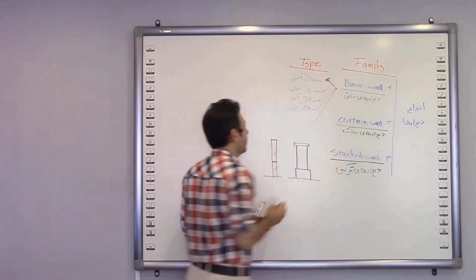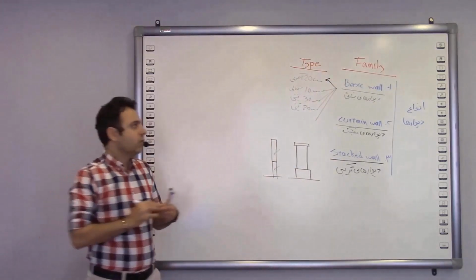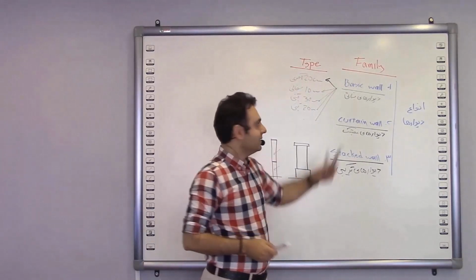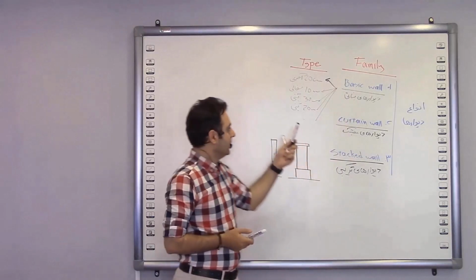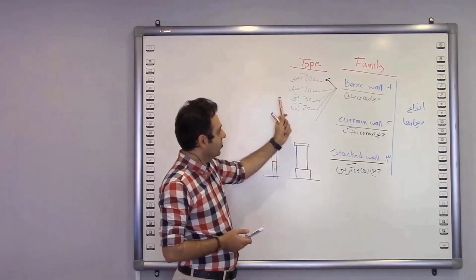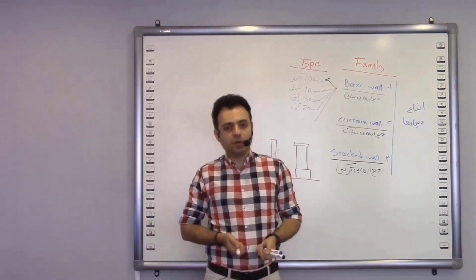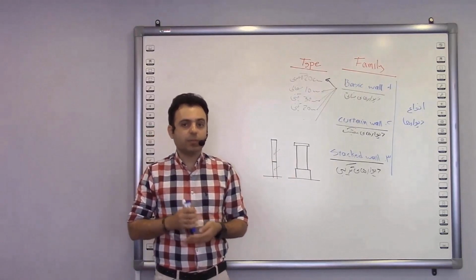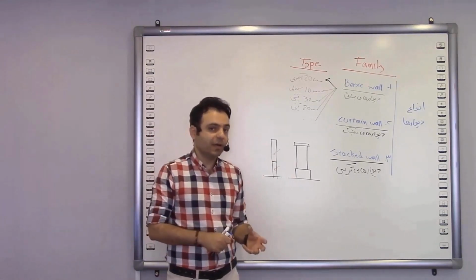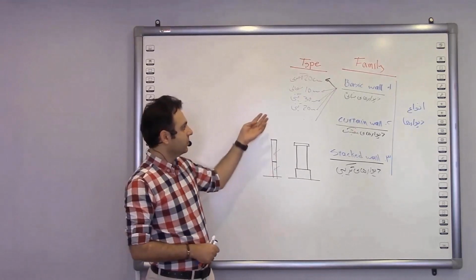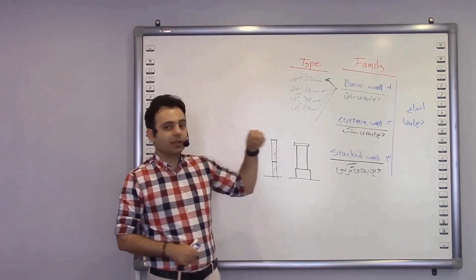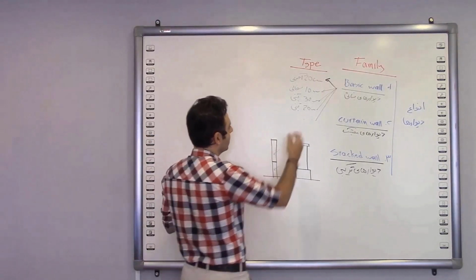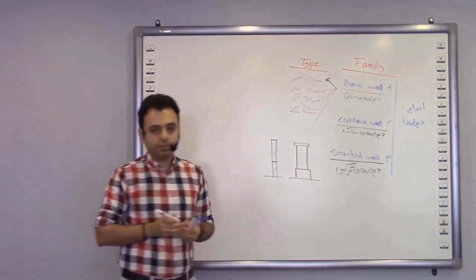So, if you want to introduce a wall, we say that the type of this wall is 20 centimeter brick and it's from the basic wall family. Or this wall is 10 centimeter pottery and it's from the basic wall family. Considering these examples, we understand that the parameters that determine the type of a wall are what? Can you say? That's right, one of them is thickness and the other one is materials.